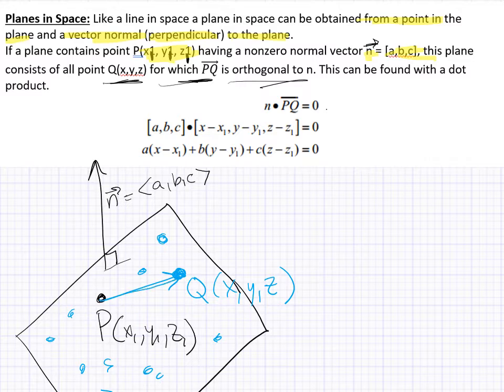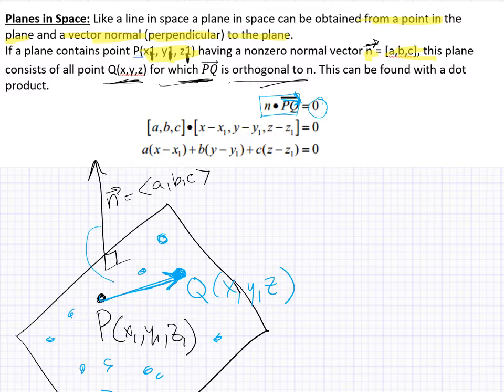Since PQ is on the plane, and n is normal to the plane, then n is orthogonal to PQ. If it's orthogonal to PQ, then the dot product between n and PQ should be 0, something we learned about the dot product.